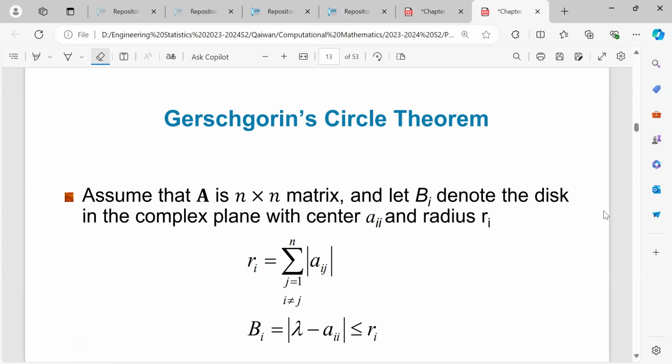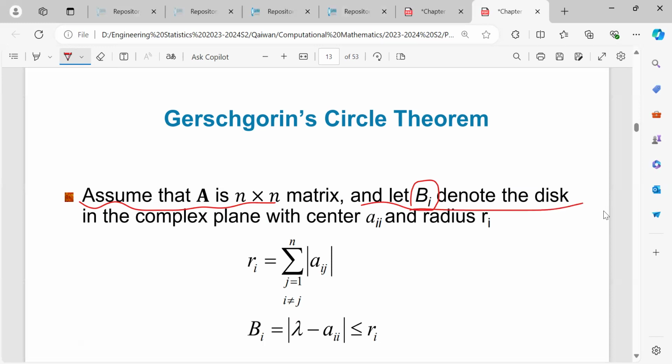Here, we say let A be an n by n matrix, and B_i, that is B1, B2, B3, depends on the number of eigenvalues. For each eigenvalue, we have a region. For the first eigenvalue, lambda 1, we have B1. For lambda 2, we have B2. For lambda 3, we have B3, and so on.